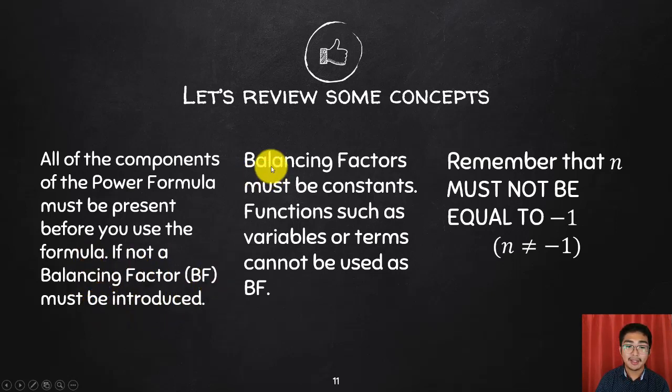Balancing factors, the terms that we multiply and divide to the integral, must be constants only. They cannot be variables or terms. Balancing factors are exclusively numbers or constants. And of course, remember that n must not be equal to -1.